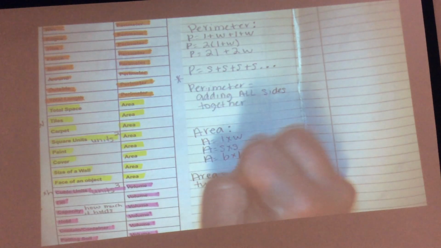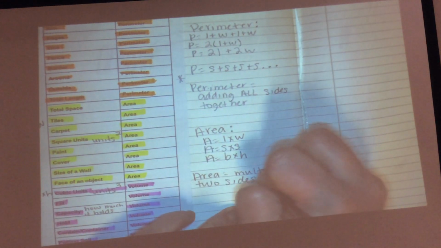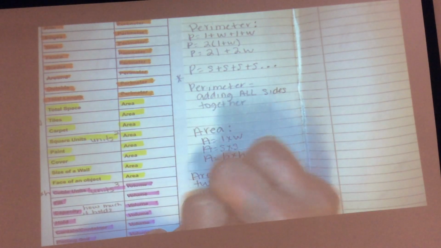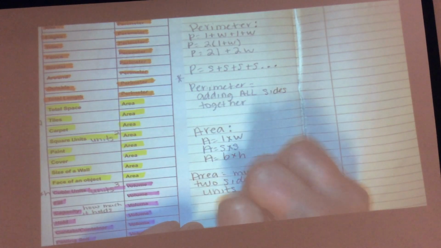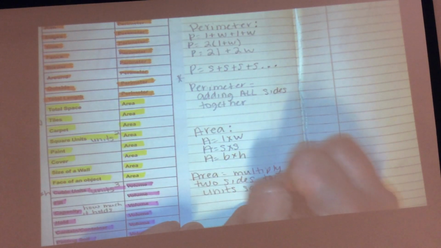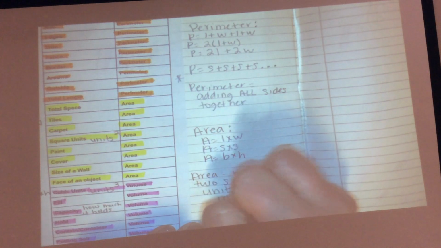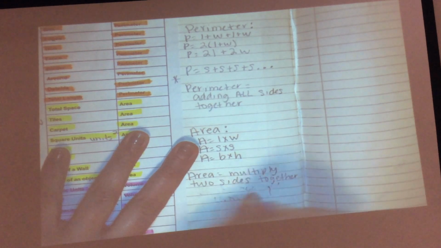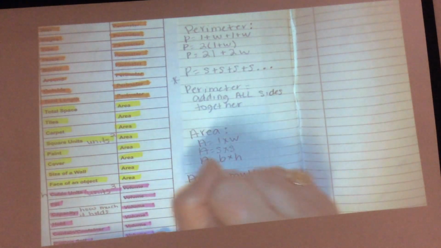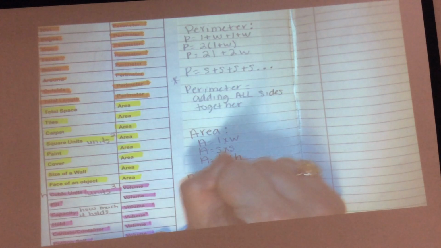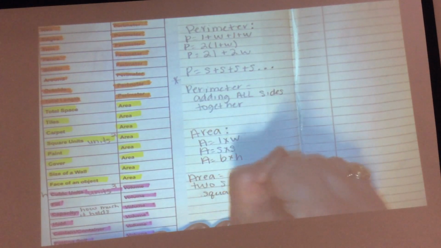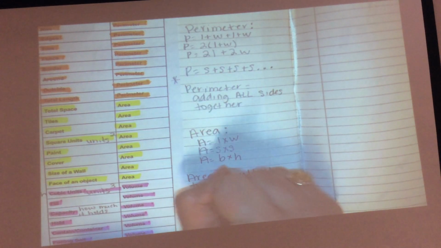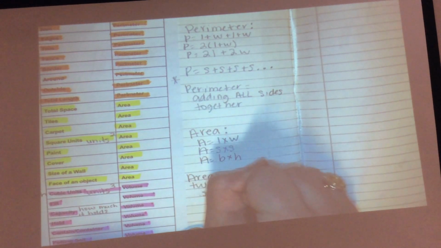Area equals length times width, side times side, or base times height. And the unit is square units. You could also write it as unit squares.